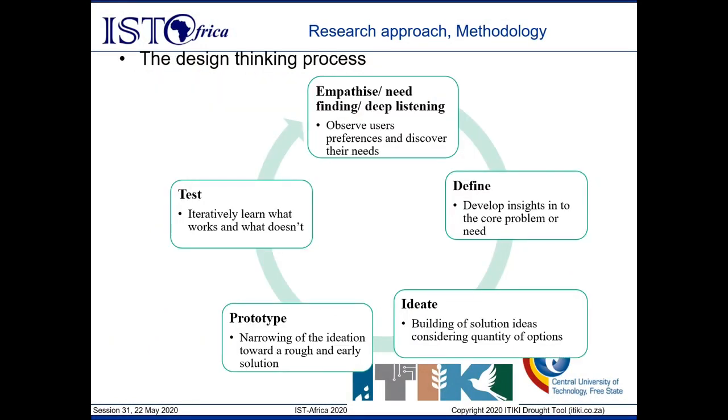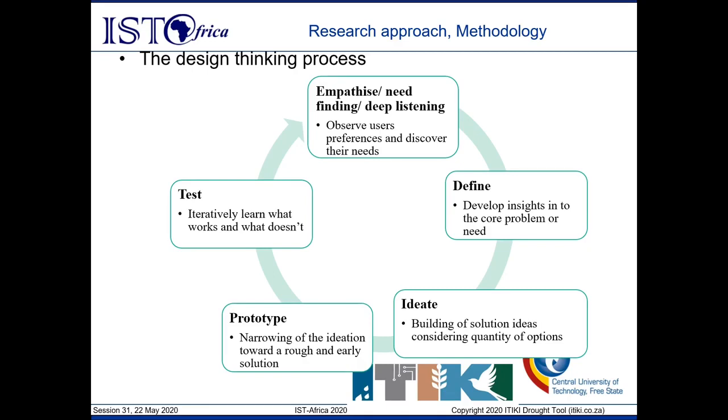In the case of ITIKI, we went through the iterative steps, 5 of them, in order to come up with the tool. The first one is the listening, talking to the people, observing them, visiting them over and over again, using focus groups so that we're able to understand how do they really predict drought?